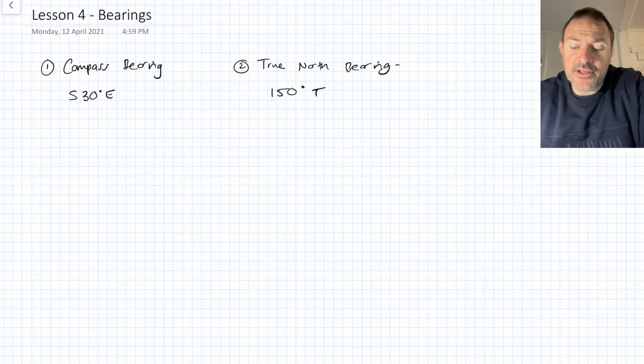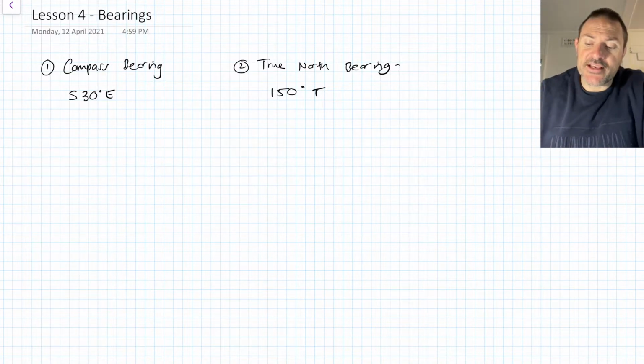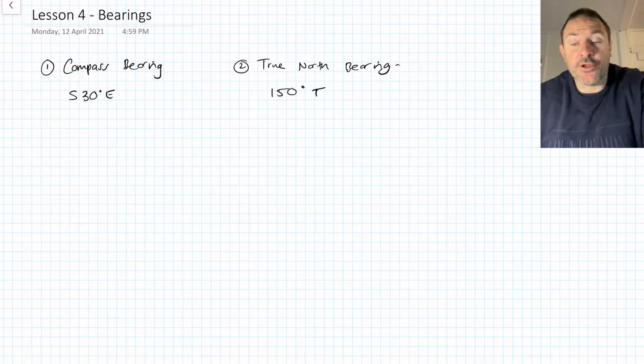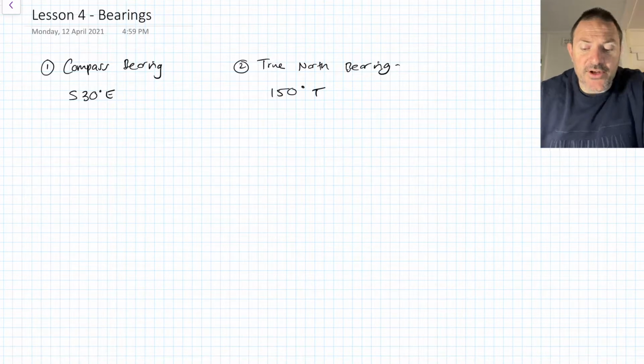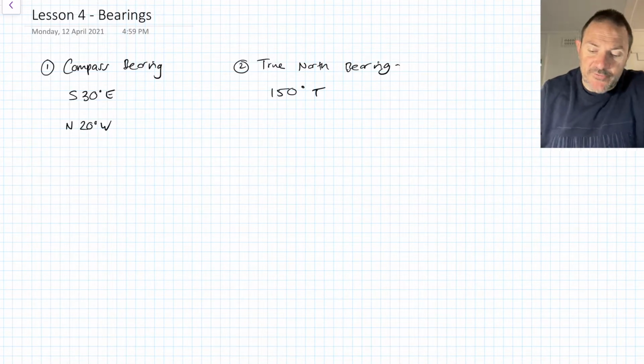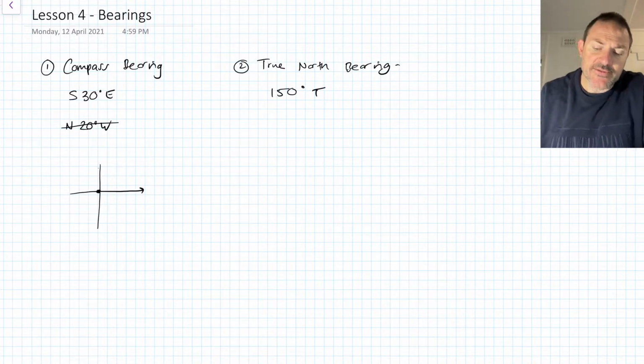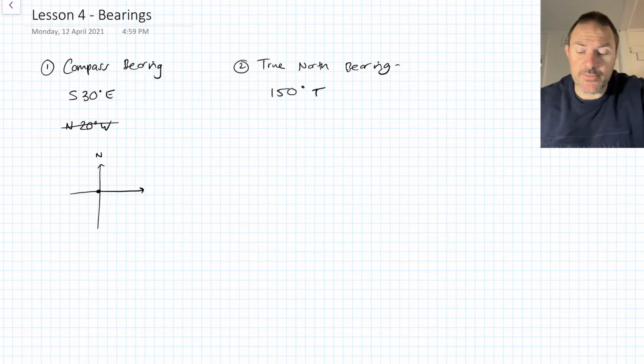For the compass bearing, we always have a north-south direction, a vertical direction, first. So it might say, in this case, south 30 degrees east. It could even say something like north 20 degrees west. It's telling us we're going south or north first, and then how far east or how far west. For the first one, I always call these crosshairs, my north, east, south, west crosshair bearing.